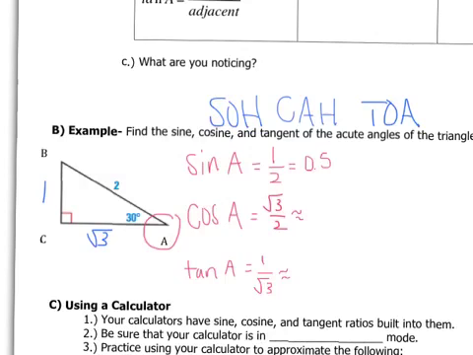So take your calculators out if you don't have it. You need to approximate radical 3 over 2. Emma, when you get that, tell me what it is. 4 places. Okay. Very good. 0.8660.